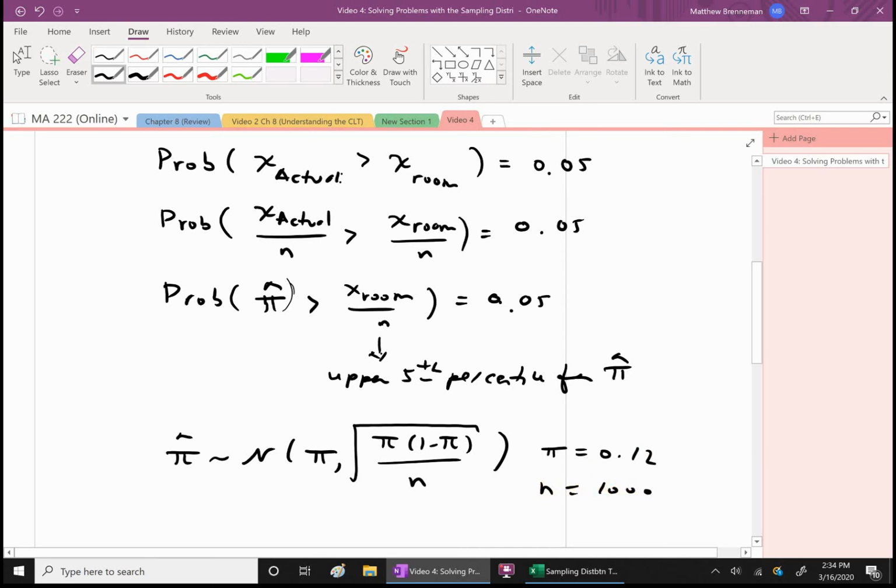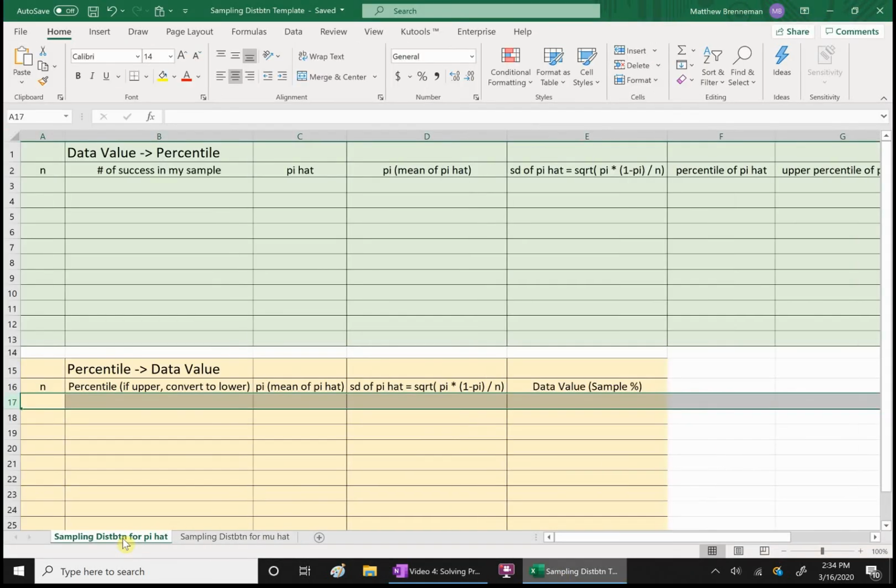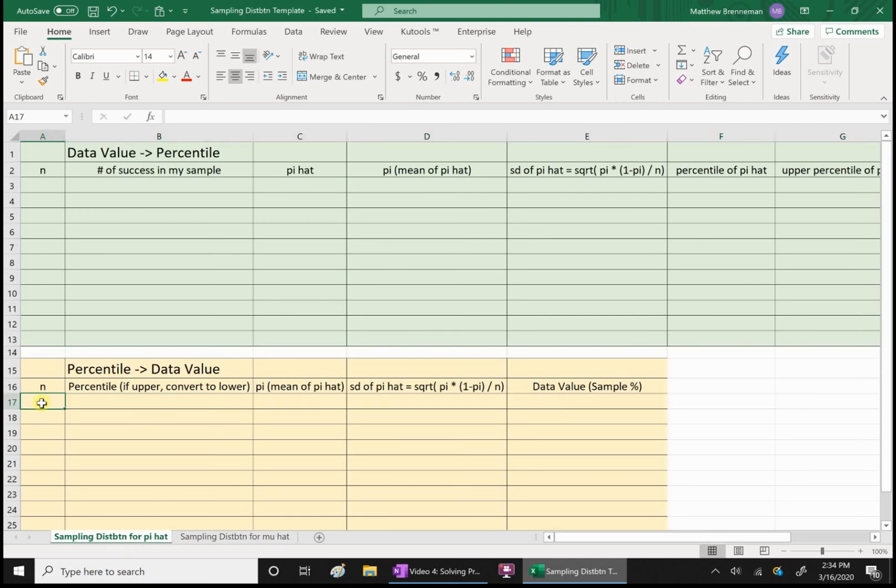And so let's go ahead and put this in Excel to see how this is going to work. So here I'm working with pi hat, and I want to go from a percentile to a data value. Okay, so my sample size here is 1,000.